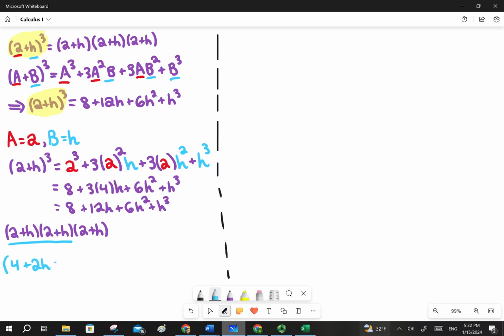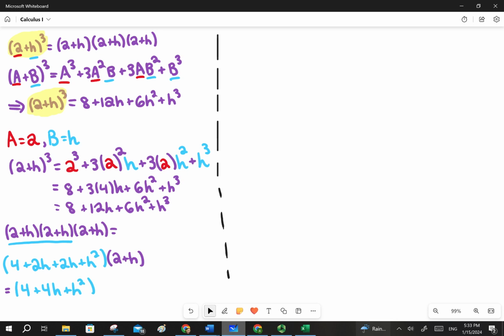Inner is h times 2, which is 2h. And last is h times h, which is h squared. Combining like terms, we get that 2 plus h times 2 plus h is 4 plus 4h plus h squared. And now we still have to multiply that result by one more copy of 2 plus h.